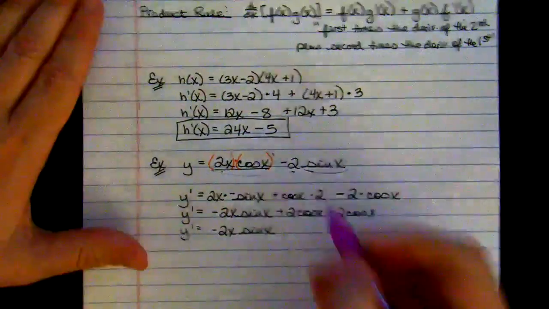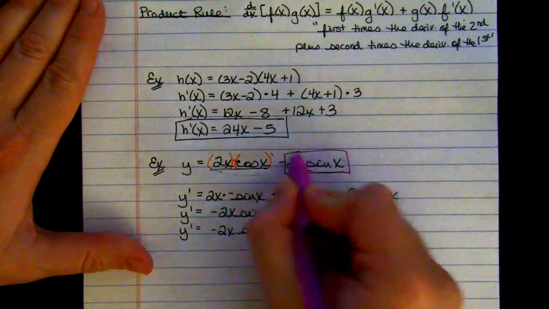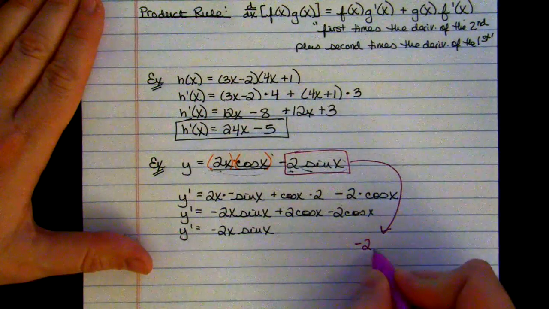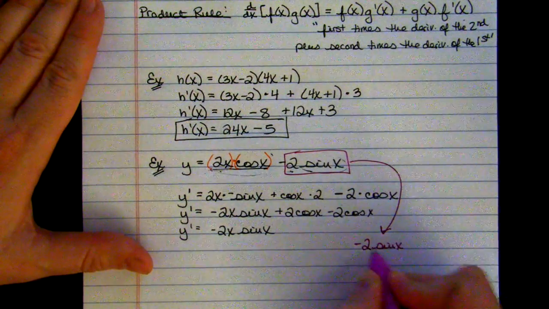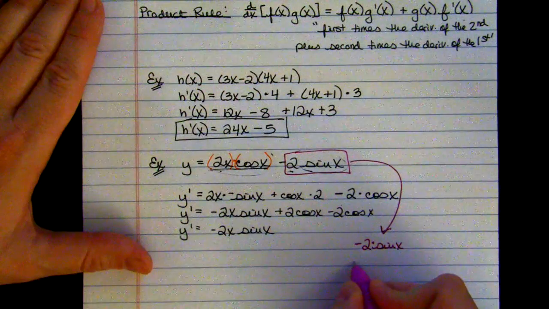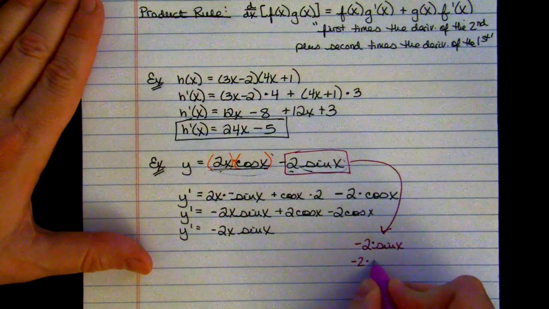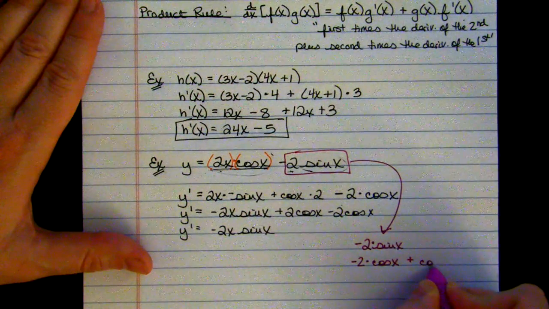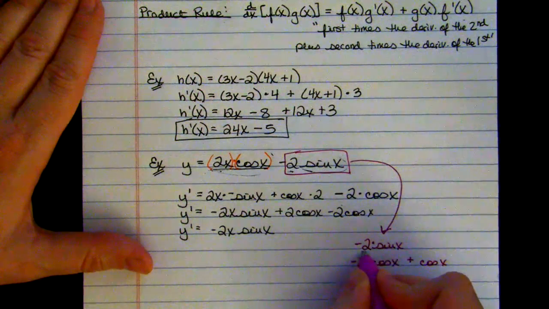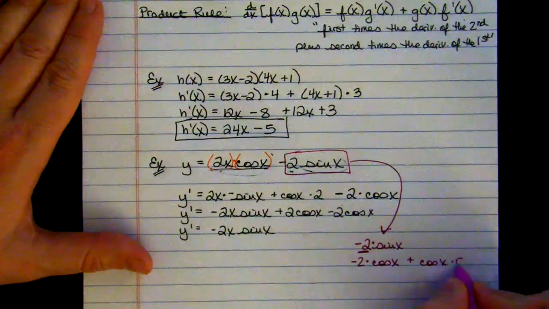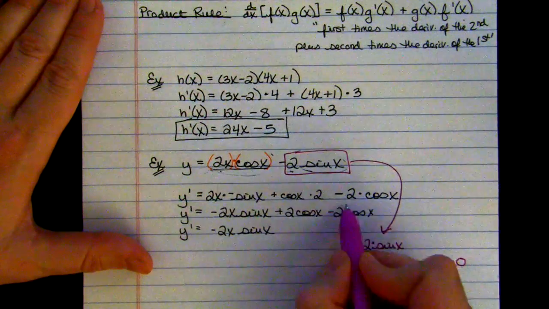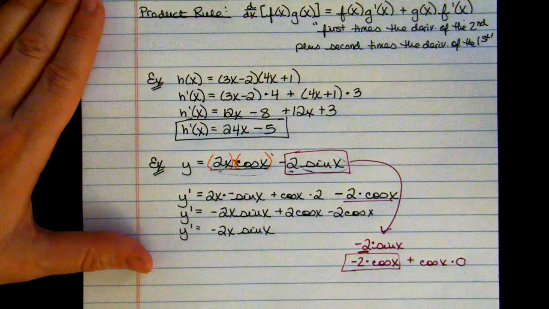If you used the product rule on this negative 2 sine x, I would have gotten first, negative 2, times the derivative of the second, cosine x, plus second, sine x, times the derivative of the first, derivative of a constant is just 0. I'm still just going to get negative 2 cosine x, which is what I did for my constant multiplier rule.